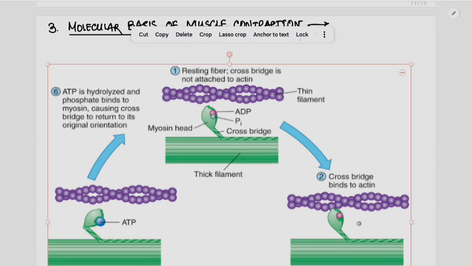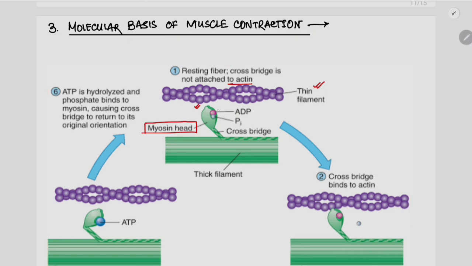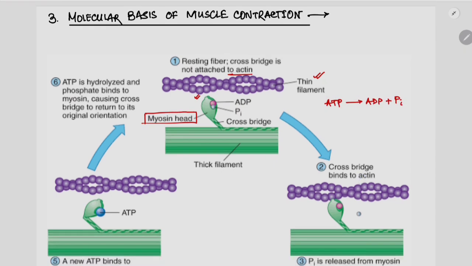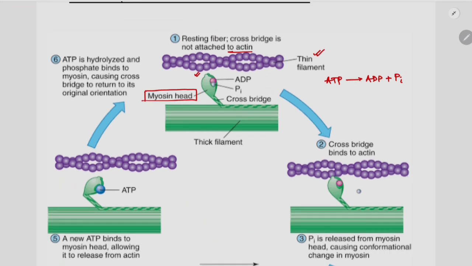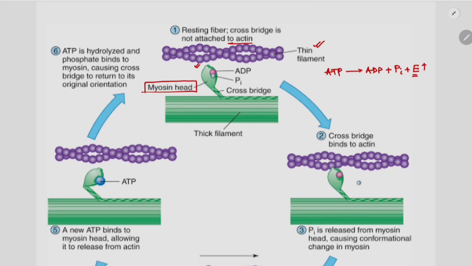There is no attachment of the actin with myosin. Right. So there is an ATP molecule which breaks into ADP plus inorganic phosphate. Next, in this breakage, some energy is produced. So this energy is residing in inorganic phosphate.